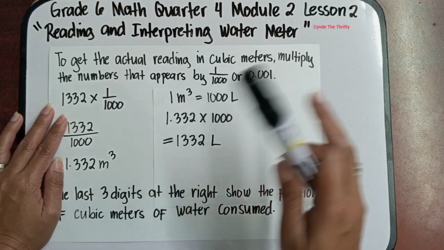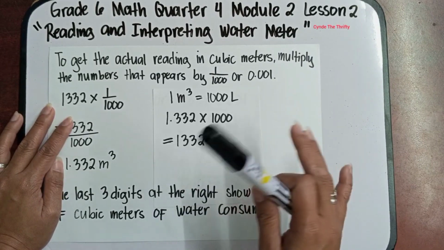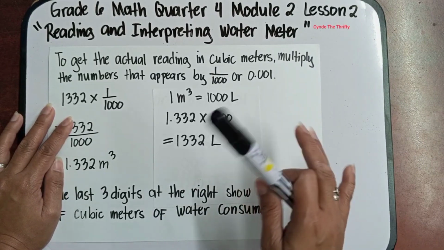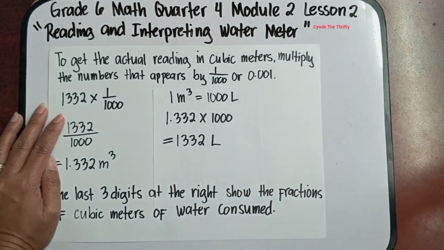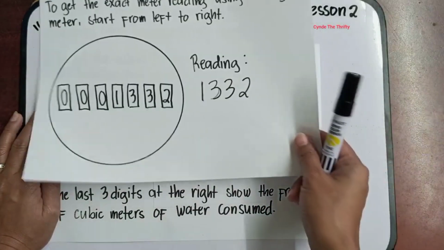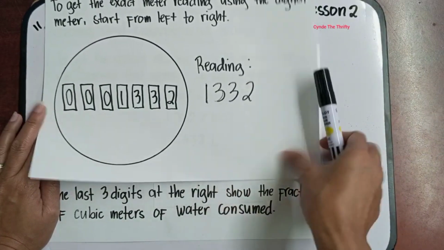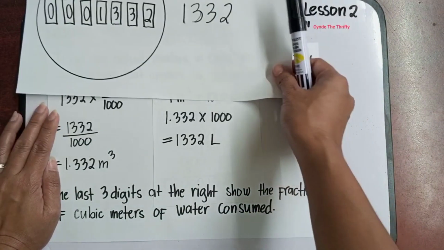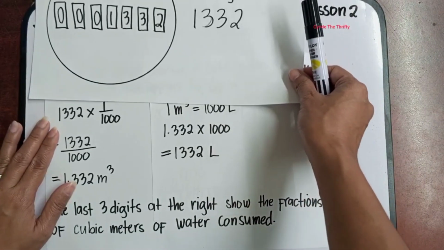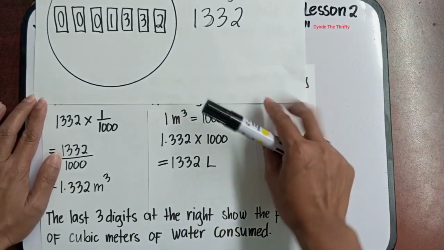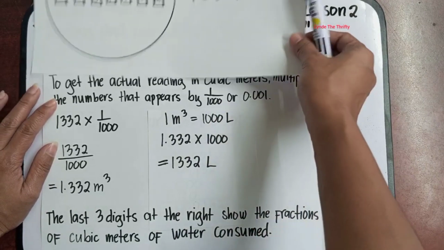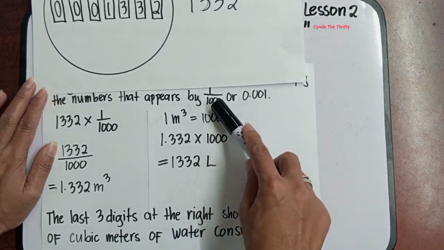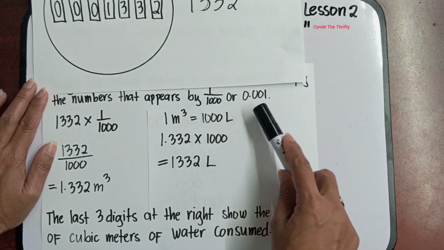So, para makuha mo daw ang iyong consumption sa tubig ng cubic meter, ang gagawin mo is ang iyong reading, for example, itong ating digital reading, okay, so 1332. Ang gagawin natin kay 1332 is i-multiply natin sa 1 over 1,000 or 0.001.